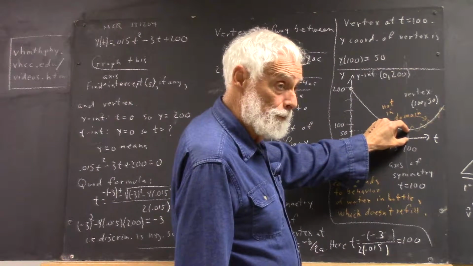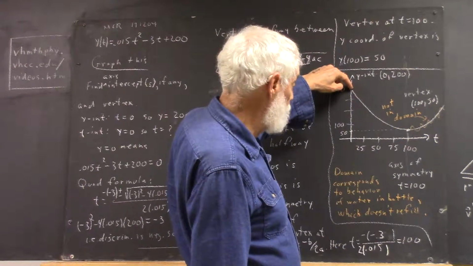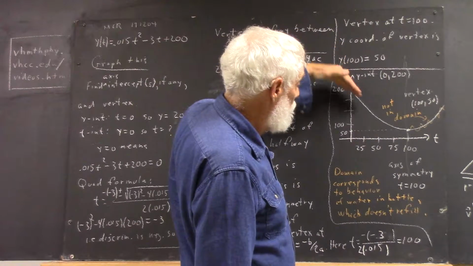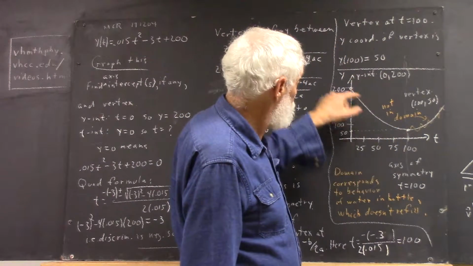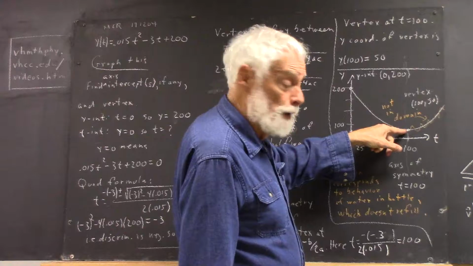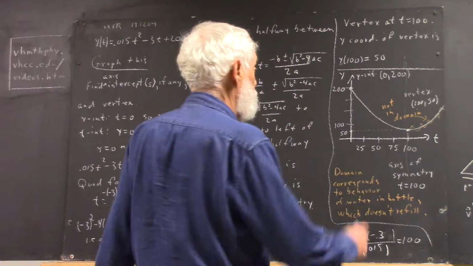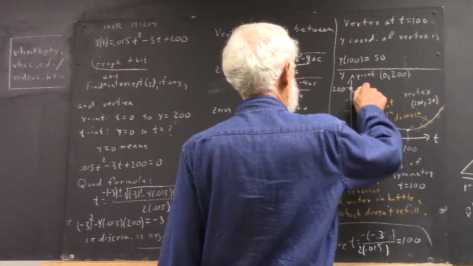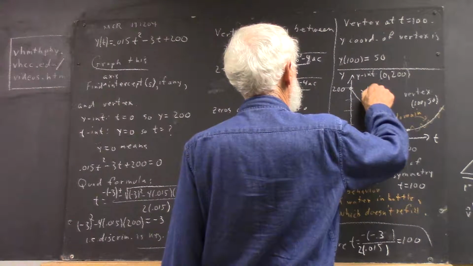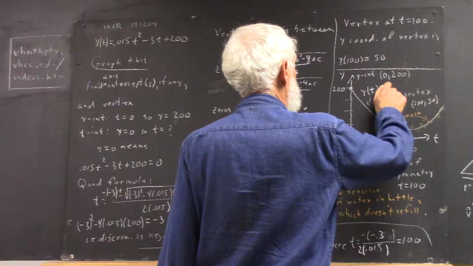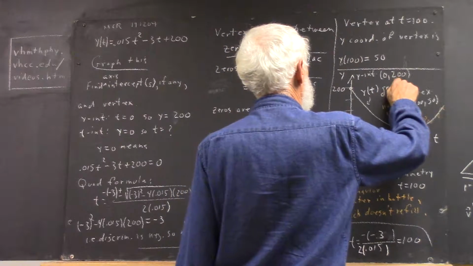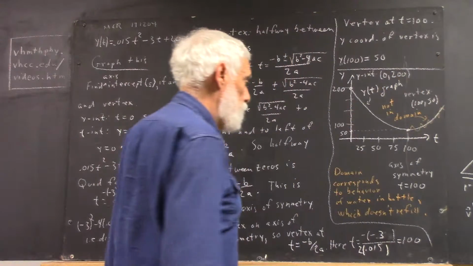That's here. We've got this point 100, 50. Now we draw a parabola with this point as the vertex. And now we've got our y of t function. So here's our y of t curve, our y of t graph.